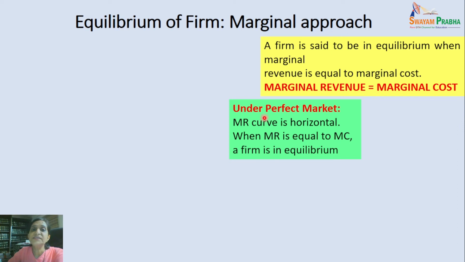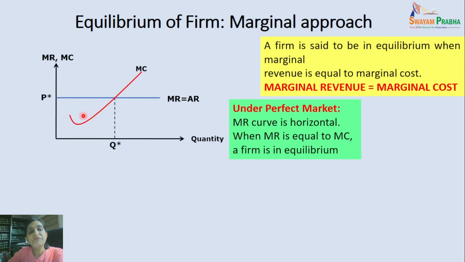Therefore, none of the sellers has control over the market price. So all the firms will sell at the price determined by the market. Therefore, the marginal revenue of the firm becomes equal to the average revenue, and the price P star is a straight horizontal line showing that every firm is going to sell at the same price.